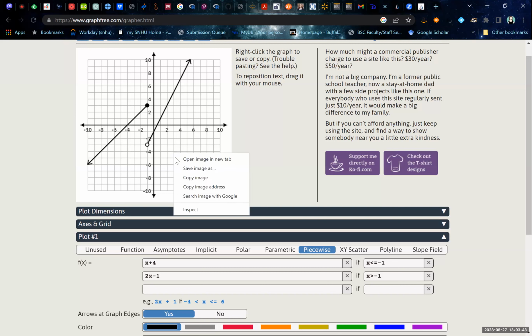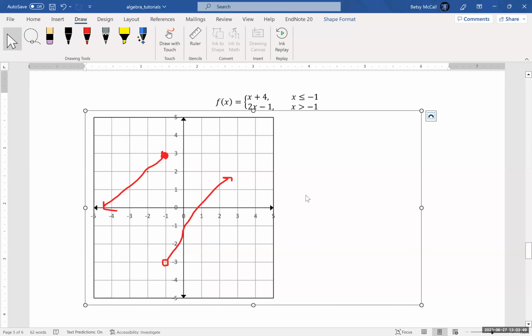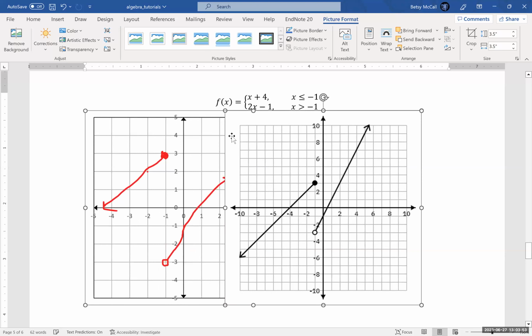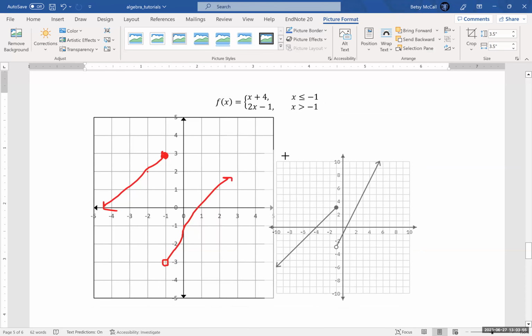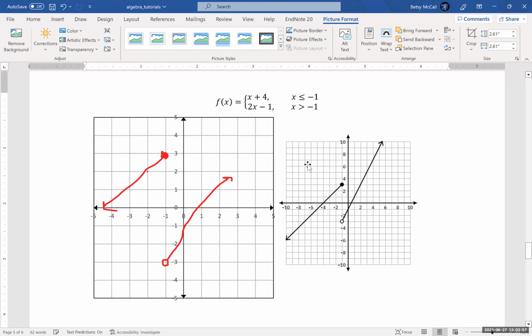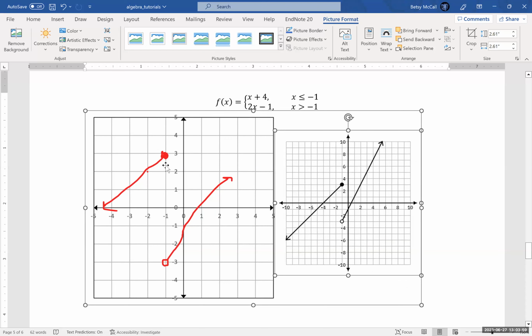And so I can get this graph, and I'm going to copy it and go back to my other screen. And if I paste this here, just move this off to the side to do our comparison. And you can see, again, other than the scale of the graph, that this intersection point is at +3.